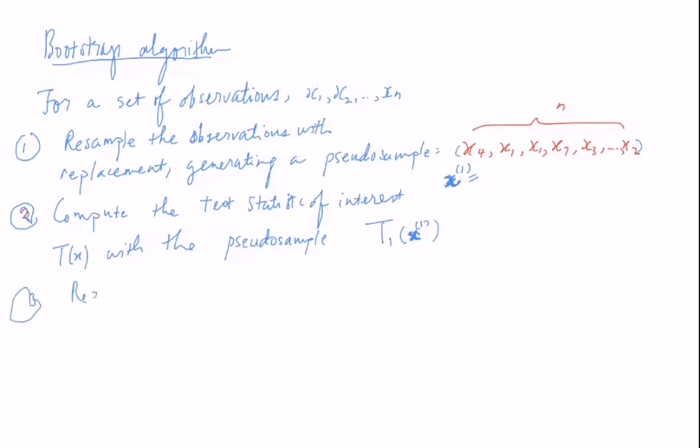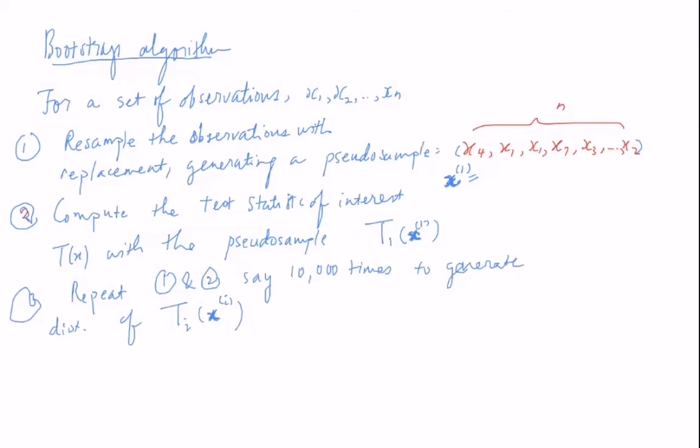Then you repeat 1 and 2, say 10,000 times, to generate the distribution of the test statistics, but with the different pseudo samples, okay? So i is 1, 2, until, in this case, 10,000, right?